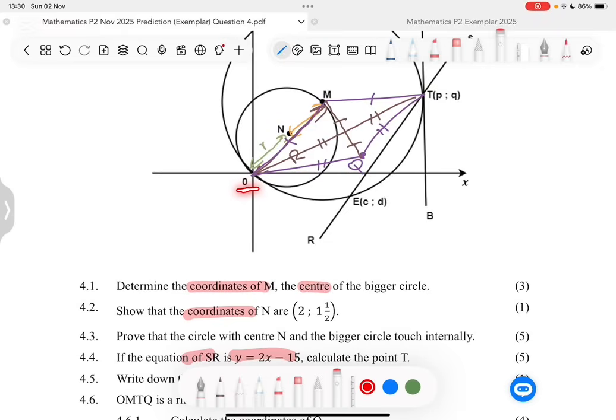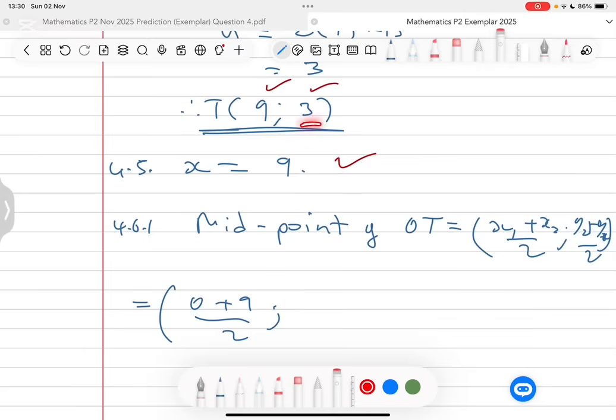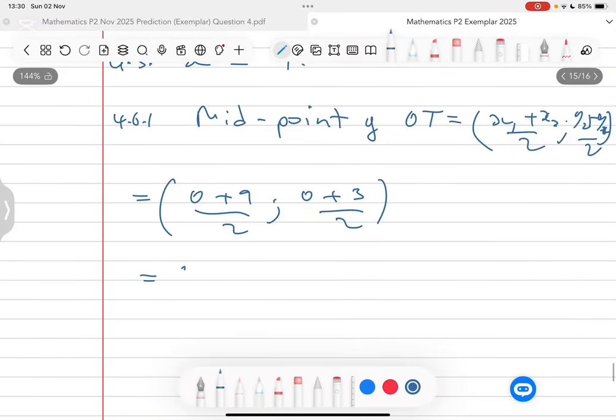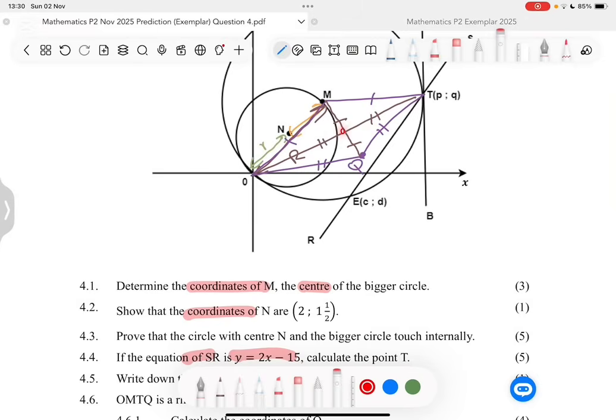And here again, we have a 0 for the y value, and it goes with a 3. So it's a 0 plus the 3. And this will give us a midpoint of 9 over 2 and 3 over 2. So we are saying the point here is the 9 over 2 and the 3 over 2 is the midpoint.